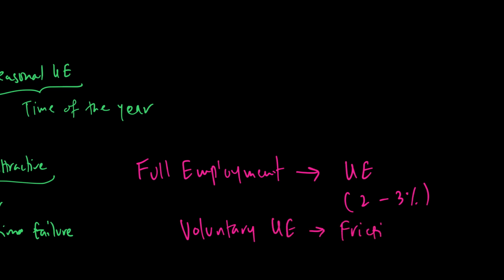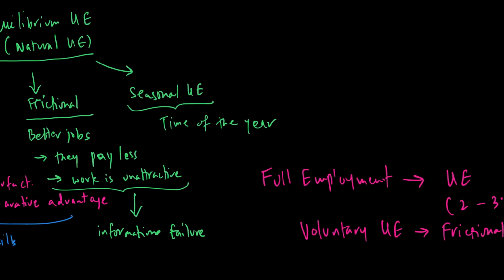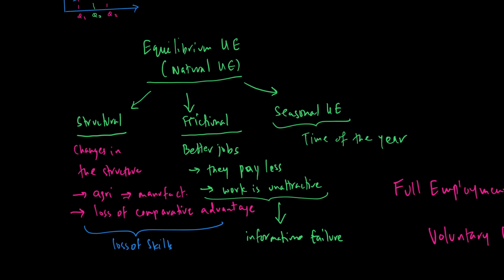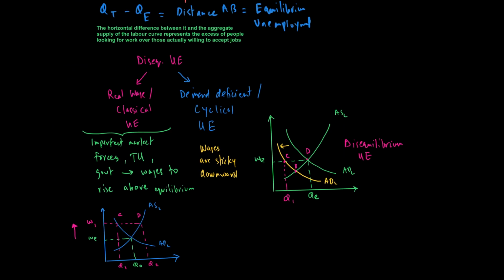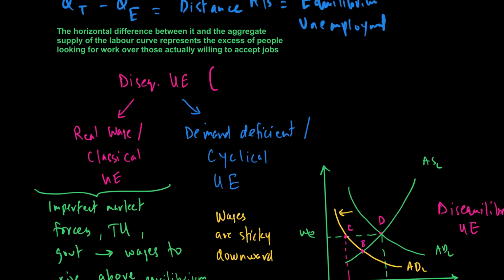because of frictional reasons. Now, one more thing I want to talk about, just to sum up, is that equilibrium unemployment is all the voluntary unemployment, while disequilibrium unemployment is what we call involuntary unemployment. It's involuntary because the worker wants to work, but the wages are above equilibrium, and that's why unemployment is happening.